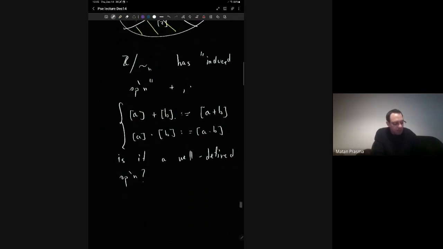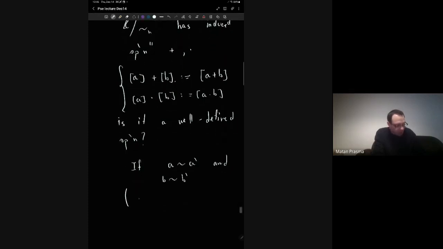What I need to see is that if A is equivalent to A prime and B is equivalent to B prime, which of course means that the equivalence class of A is equal to the equivalence class of A prime, and the equivalence class of B is equal to the equivalence class of B prime.